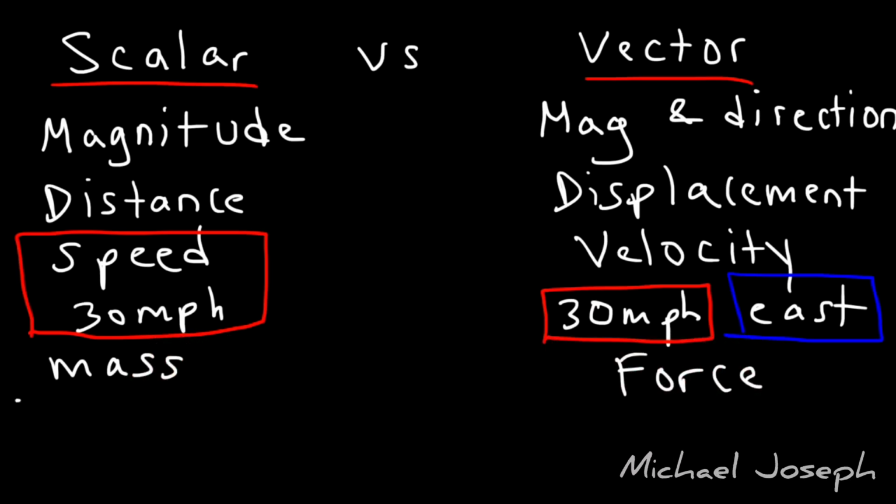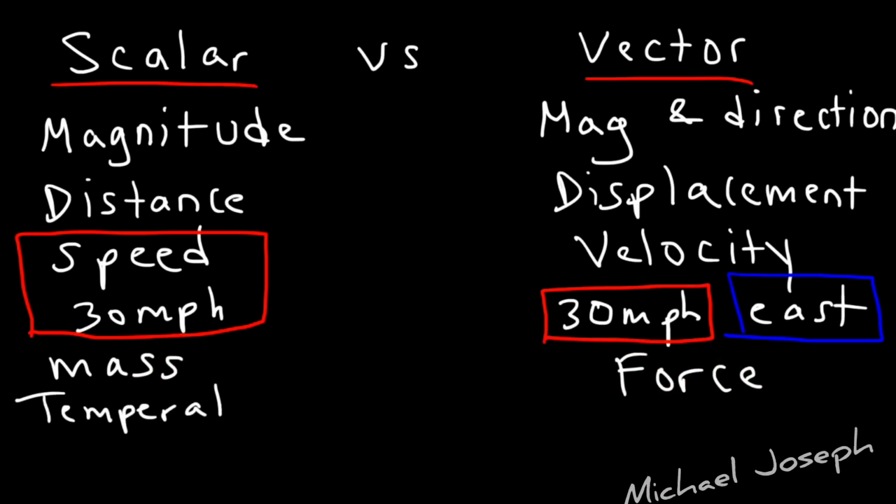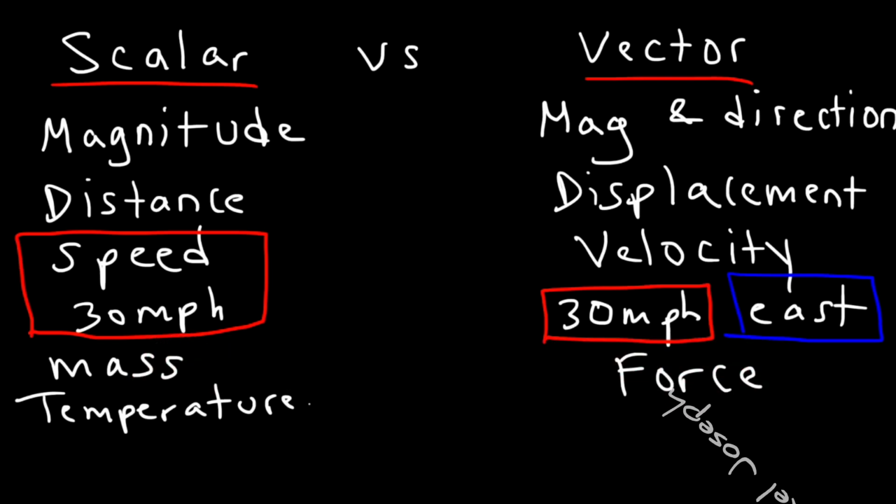So therefore, temperature is a scalar quantity. It only has magnitude. It doesn't have any direction. The magnitude could be 90 degrees Fahrenheit, 100 degrees Fahrenheit. Of course, 100 is much hotter than 90. But as you can see, temperature, you can only describe it in terms of magnitude only. You can't describe it in terms of direction. You can't say it's 85 degrees Fahrenheit east outside. It just doesn't make sense.